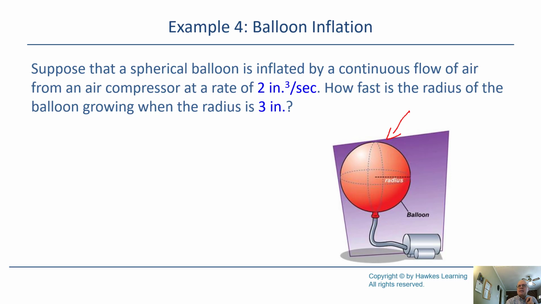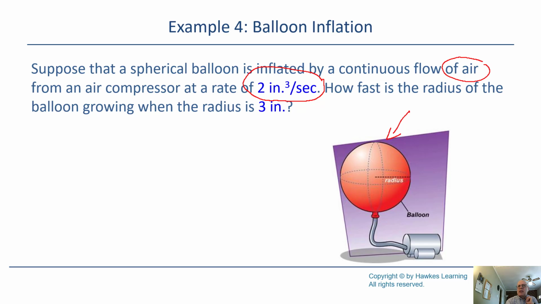So it says here that you're getting air from the compressor at a rate of 2 cubic inches per second. Now you can almost figure out what this is. This is a volume, it's cubic inches. This is a time in seconds.